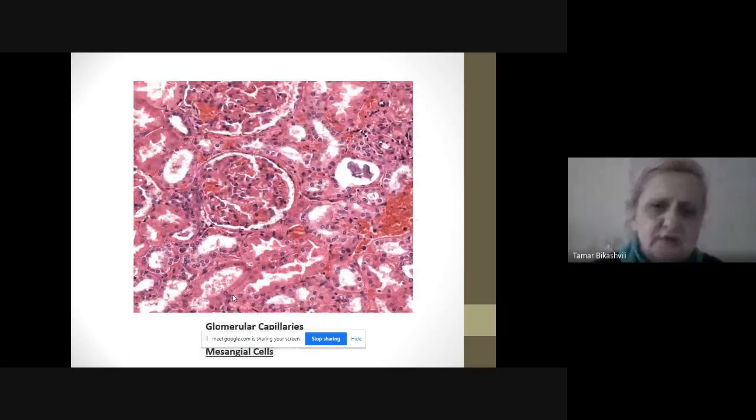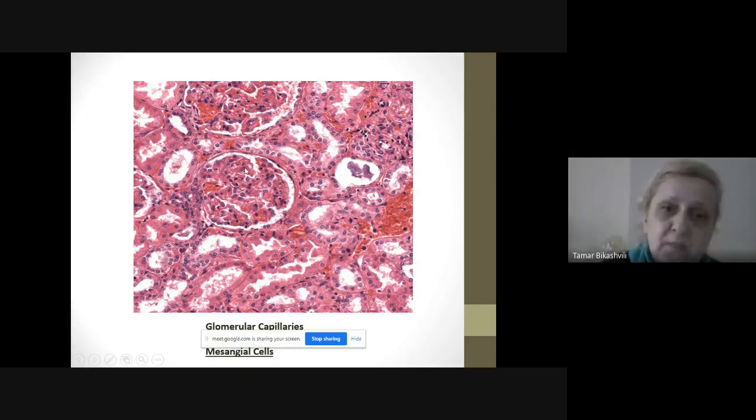Here you can see the glomerulus. This is the Bowman's capsule, and this layer is the parietal layer with squamous cells. Of course, it's difficult to find podocytes because these cells are located on the surface of the capillaries, and between these are also mesangial cells.